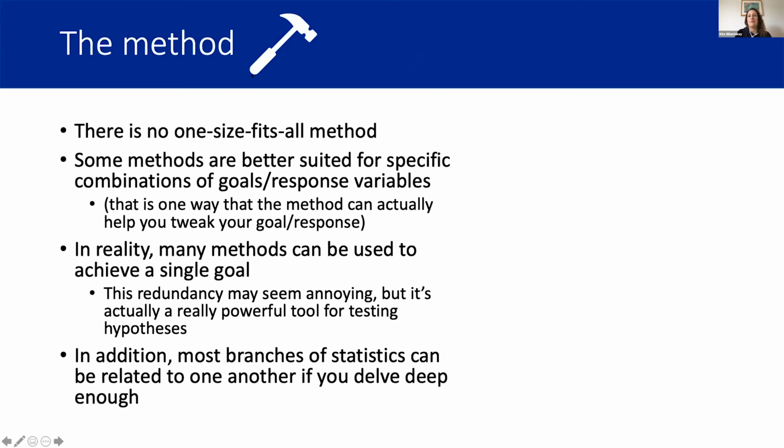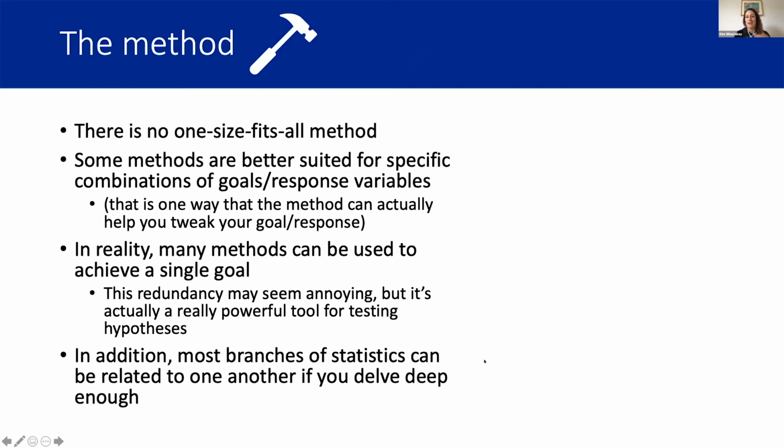And then we get on to the method, or what a lot of people will probably think of as their model. Unfortunately, there is no one-size-fits-all method. I would probably be out of a job if there was. Some methods will be better suited, however, for specific combinations of goals and response variables. So this is one way that the method can actually go back and help you tweak your response variable. In reality, many methods can be used to achieve a single goal.